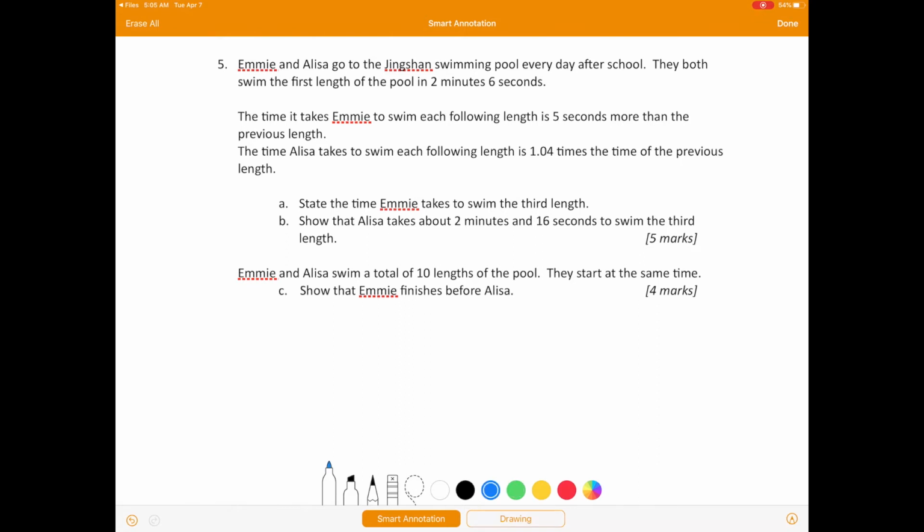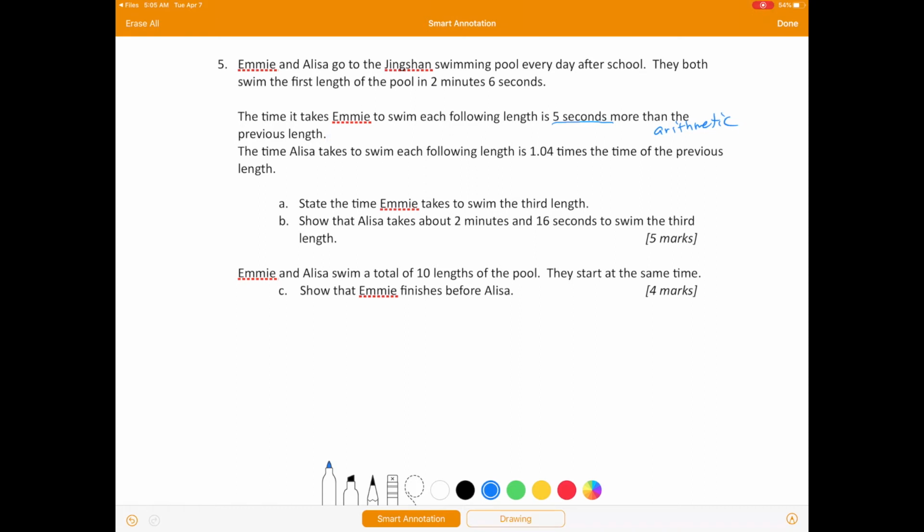Now, really what I want you to be recognizing here, because this is going to be important in the later steps, is that if Emmy adds 5 seconds every time, each length takes 5 seconds more than the previous one, then her times are following an arithmetic sequence. Okay?